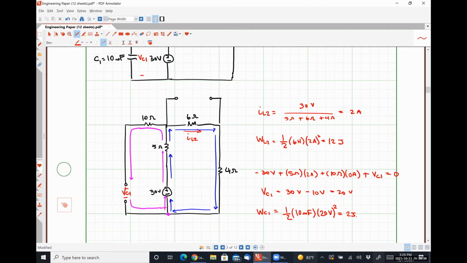Okay, so if we wrote our expression for IL2 and we did a Kirchhoff's voltage law loop around that right-hand loop, what we would have is negative 30 volts plus 5 IL2 plus 6 IL2 plus 4 IL2 is equal to 0. And rearranging that expression, we'd get exactly what we see up there. So I skipped that initial Kirchhoff's voltage law step and just went straight to Ohm's law because I thought we had had enough practice doing it.